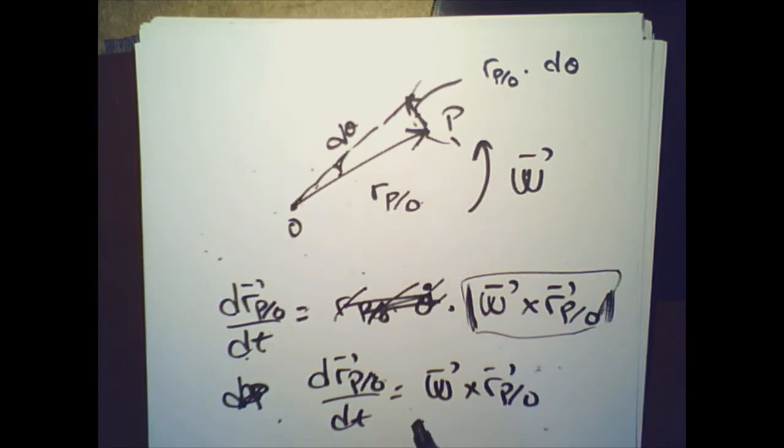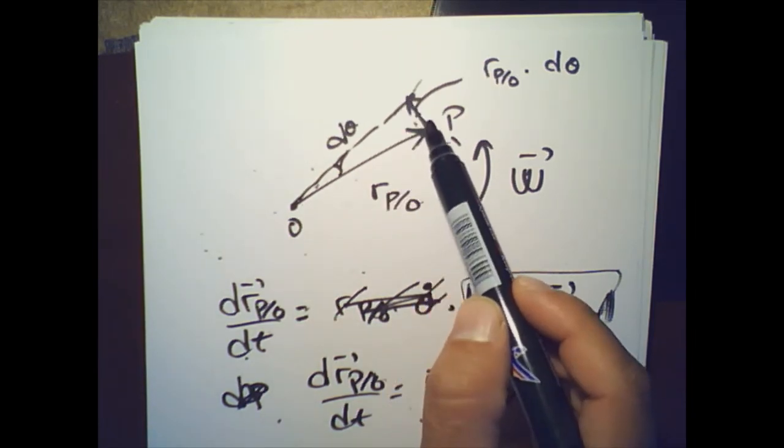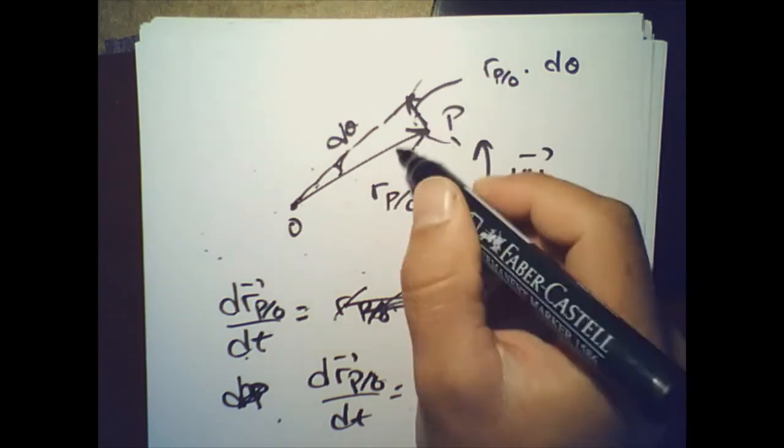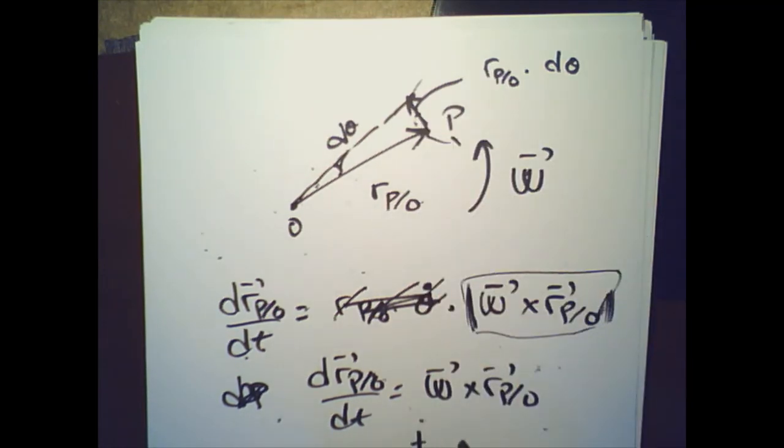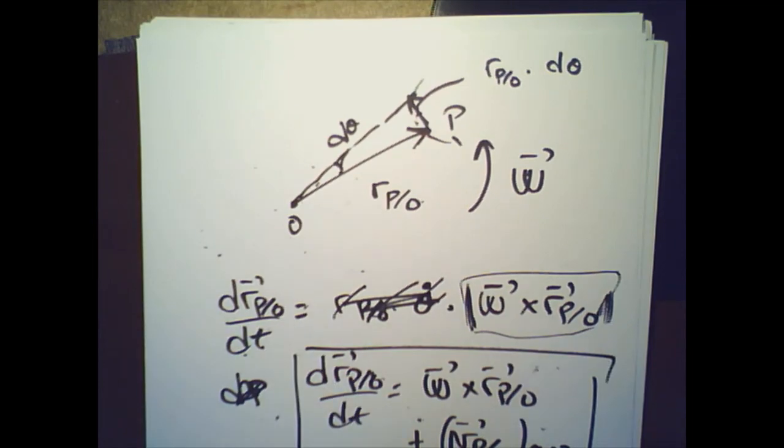Again, this is when you are differentiating a vector that is rotating, right? This derivative here is only the velocity of this vector along the direction which is perpendicular to that vector. You still need to incorporate the other contributions, which is Vp with respect to O in a smaller frame, which is basically the relative velocity. All right, so that is, guys, very important.